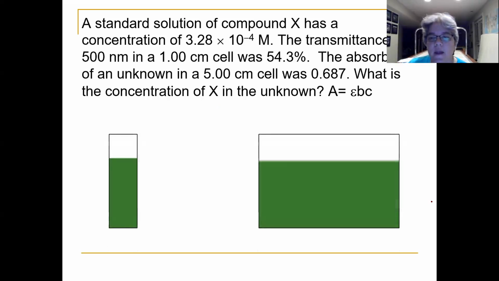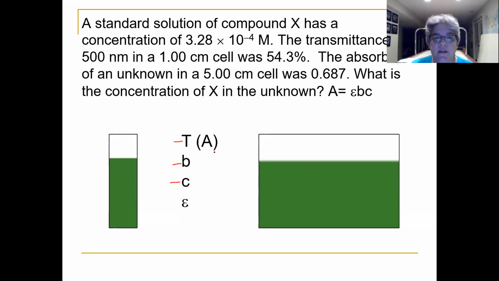And these are the different things we can know from Beer's law. For this first solution, they tell us the transmittance, the concentration, and the path length. So we know all of this about this solution over here.